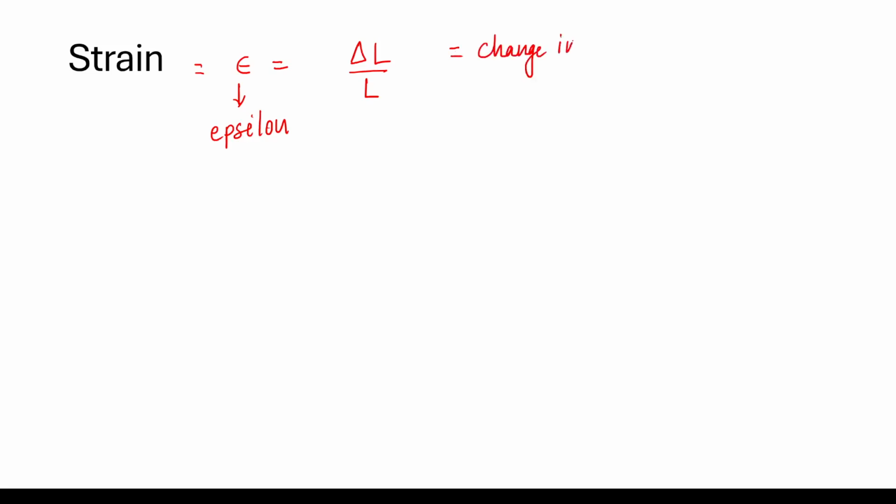Since it's a ratio of lengths, it has no unit. If strain is negative, that means it is a decrease in the length. If it is positive, there's an increase in the length. So change in length over original length.